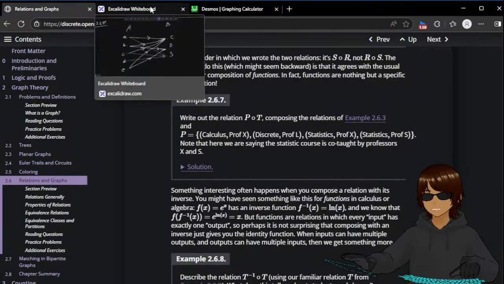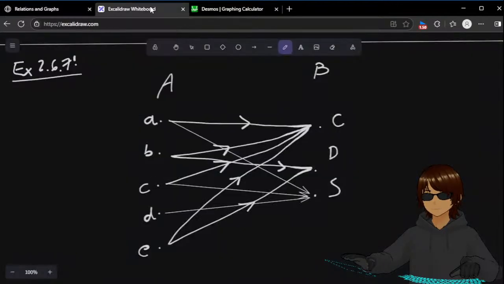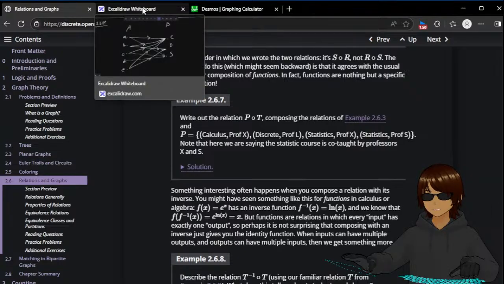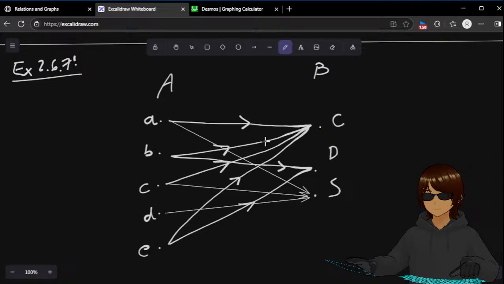So we will have Professor X. Let's call it set Z, Z of professors.